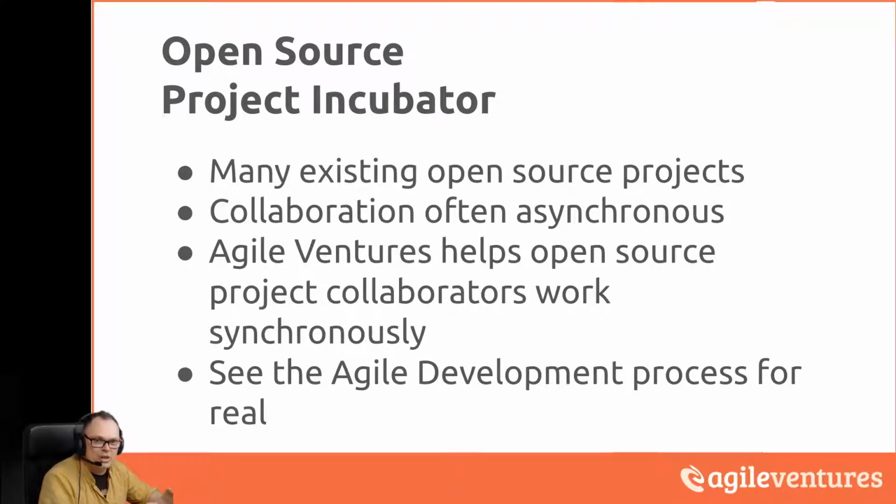Agile Ventures wants to become an umbrella to help people work synchronously on open source projects and deliver them in batches, given their own set of standards that can be unique for all projects in themselves, but are kind of uniform in the way that they employ and make use of agile methodologies and approaches to software development. Because that's what we are all about. We want to make sure that our members can experience the agile development process in real life.